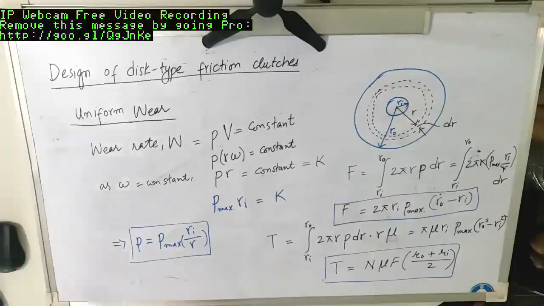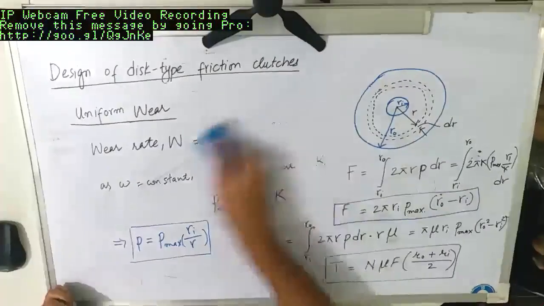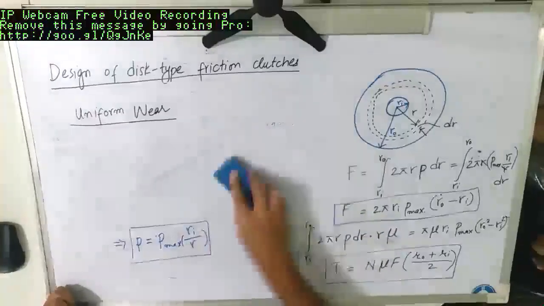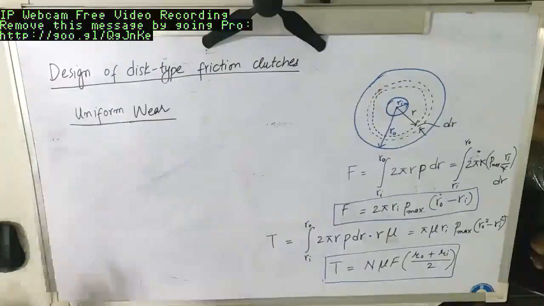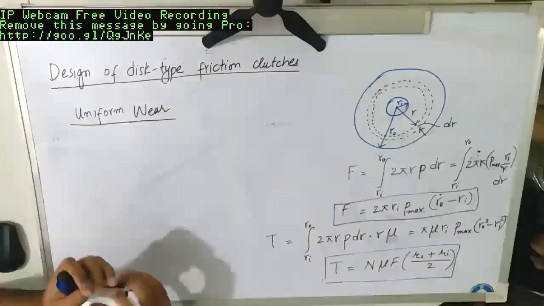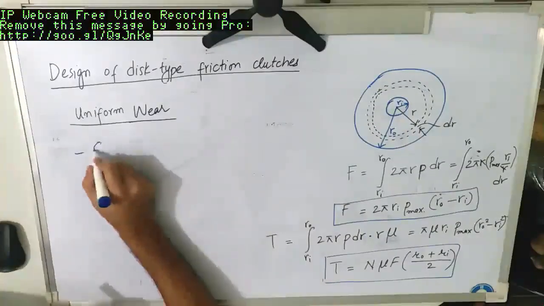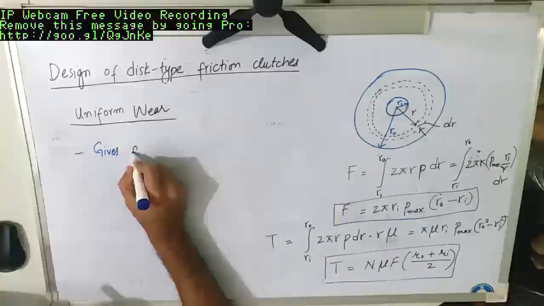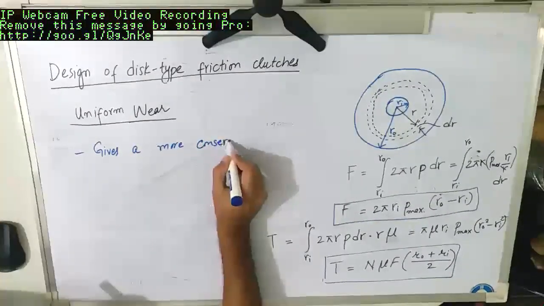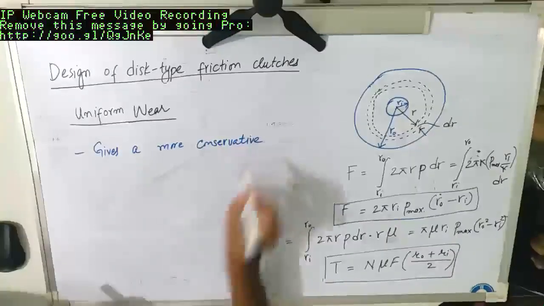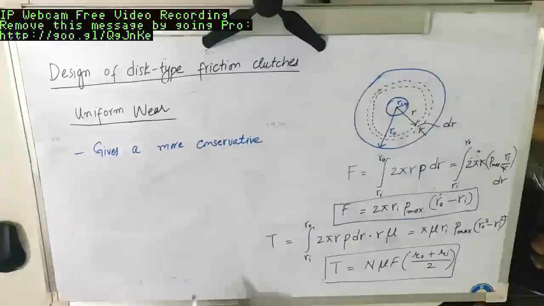Now this model, this uniform wear model, I'm going to rub this part. There are a few points to note here. This uniform wear condition model gives a more conservative clutch rating.